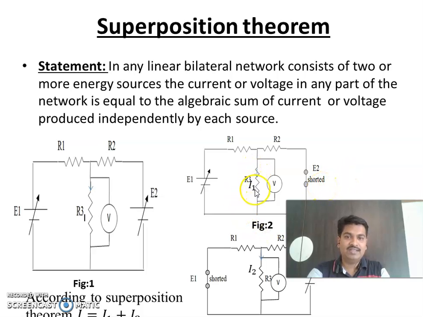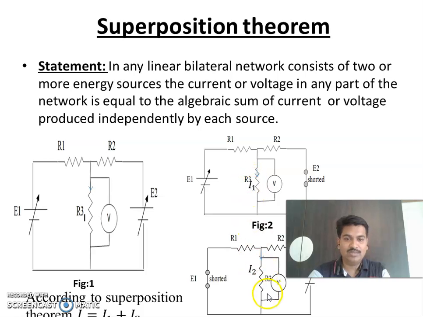Now I1 is the current flowing through the same part of the network, across R3, from source E1. And look at figure 3. I have retained only the second battery E2 and the first battery is removed and shorted. Now the current flowing through the same part of the network, R3, is I2. So I1 and I2 are the currents flowing across the same part of the network, produced independently by each source, E1 and E2.